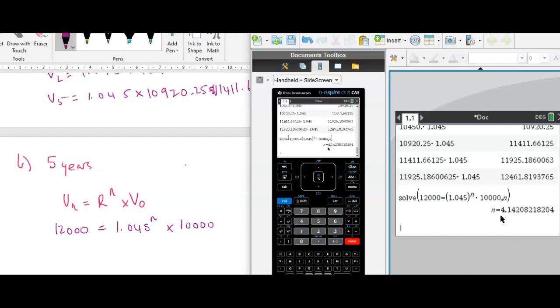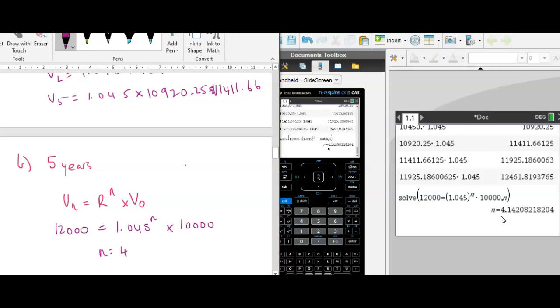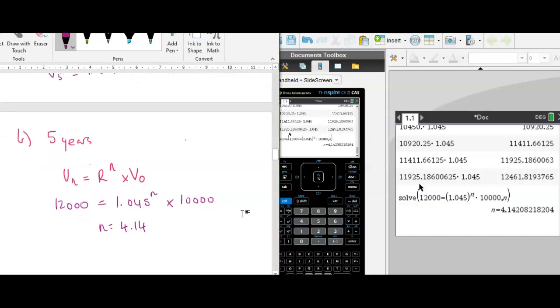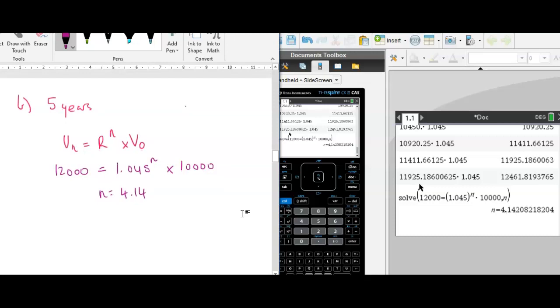So this gives us an answer of n equals 4.14. If I say, oh, okay, after 4 years, no. After 4 years, you haven't quite got to 12,000. And we saw that before. We got to 11,925. So you have to round up in this case.